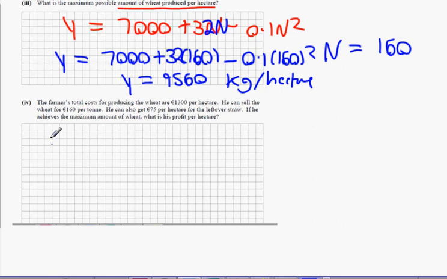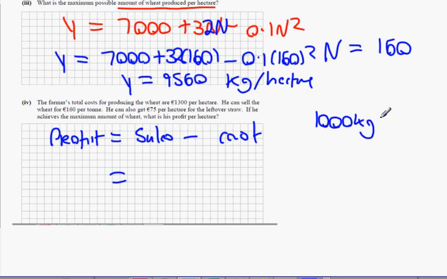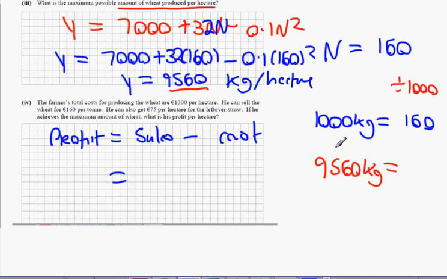Now guys, what it's saying next is the farmer's total costs of producing the wheat are €1,300 per hectare. So it's looking for profit. Profit equals your sales minus your costs. For sales, he can sell the wheat for €160 per ton. Now, a ton is 1,000 kilograms. 1,000 kilograms equals €160. We have to find out how much 9,560 kilograms is worth. So we divide by 1,000 to find out how much 1 kilogram is worth, and then multiply by 9,560.